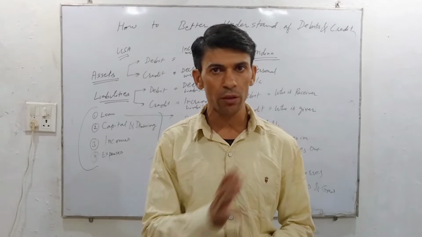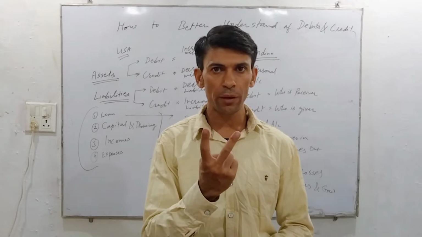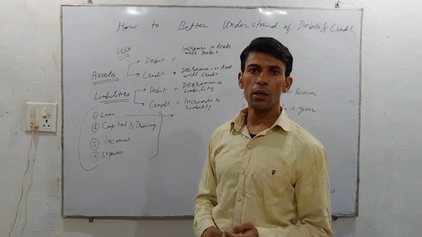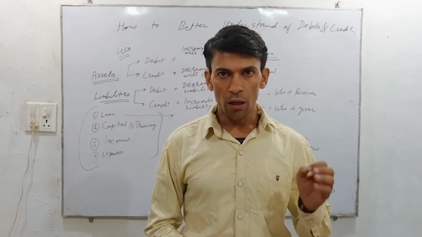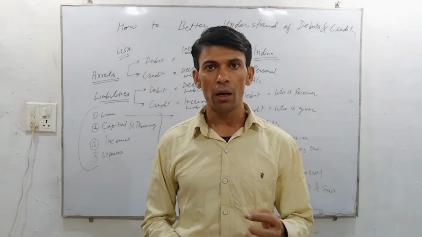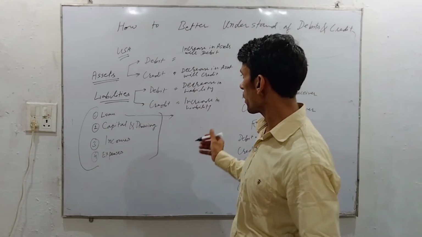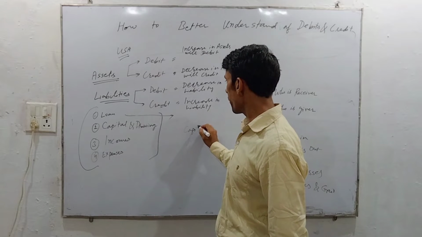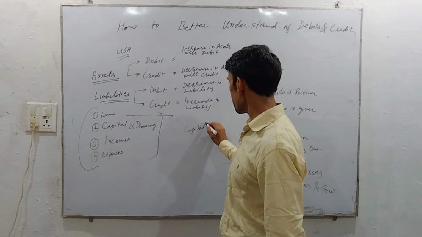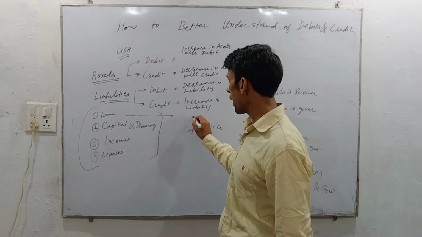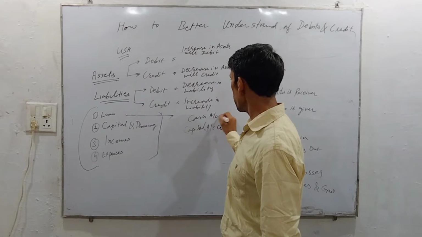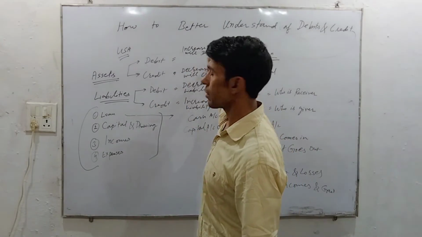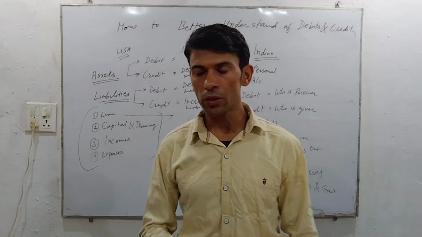The business owner is different from the business; they are two separate identities. So when the business owner brings capital into the business, it is an increase in the liability, the capital account, so this will be credit. And cash account debit, because cash is our asset and it has increased.